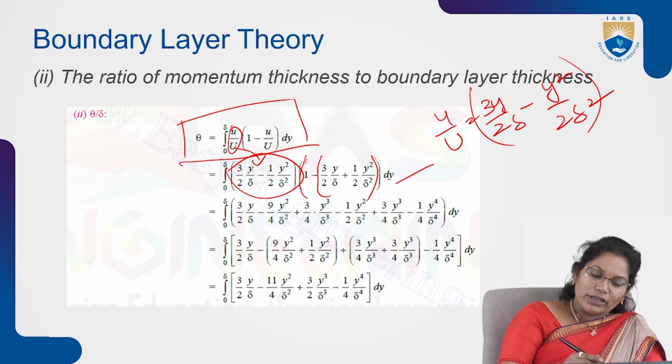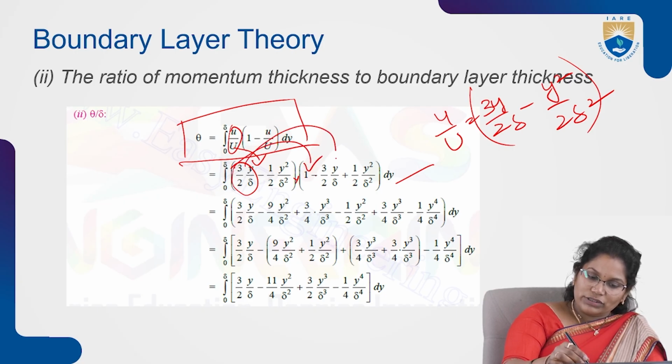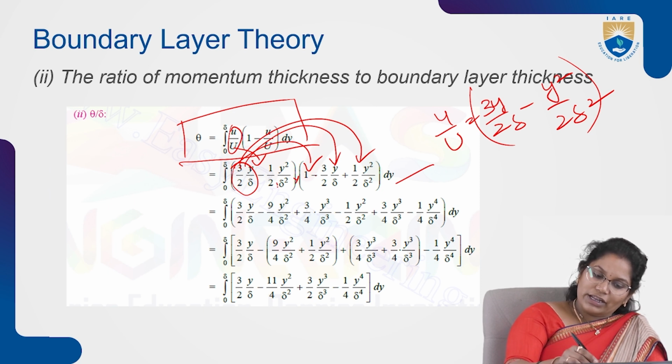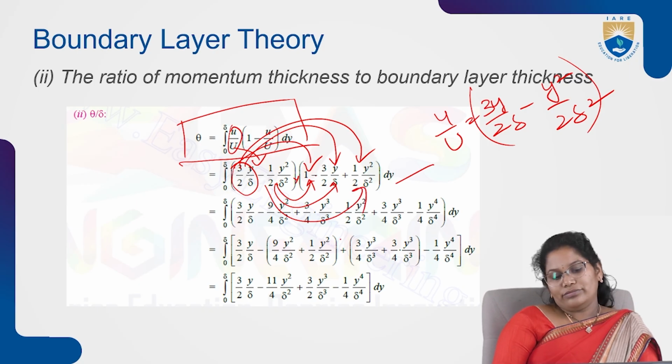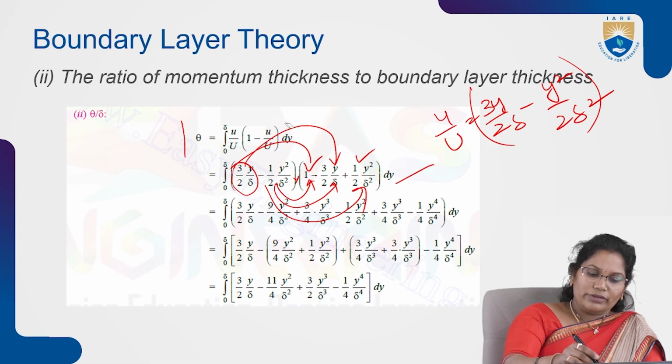Right? So here 3 by 2 y by delta minus... see here, I am multiplying both values. First this with this, next this with this, and next this with this, afterwards minus again, next 1, 2, 3. This is the equation multiplication.